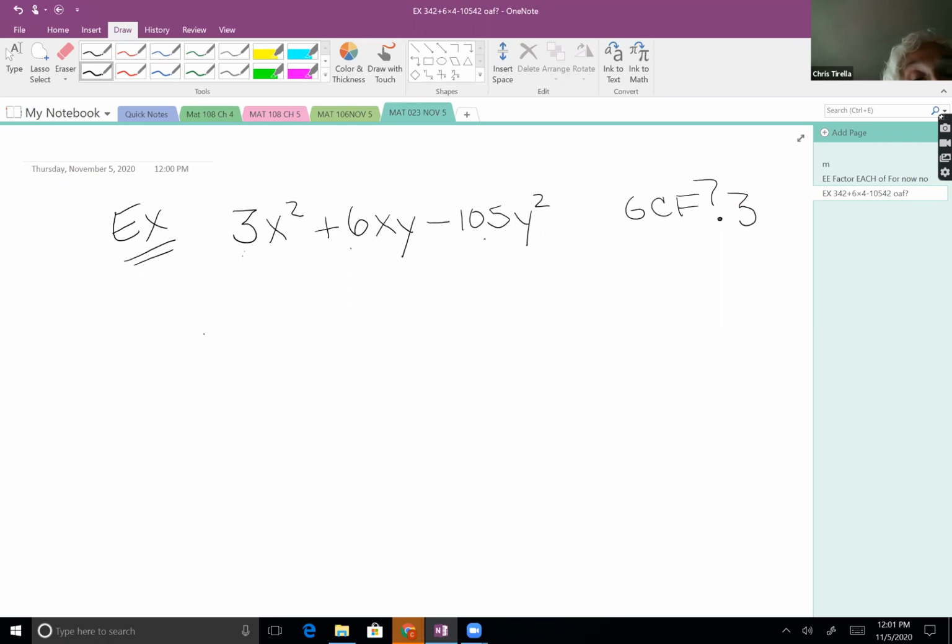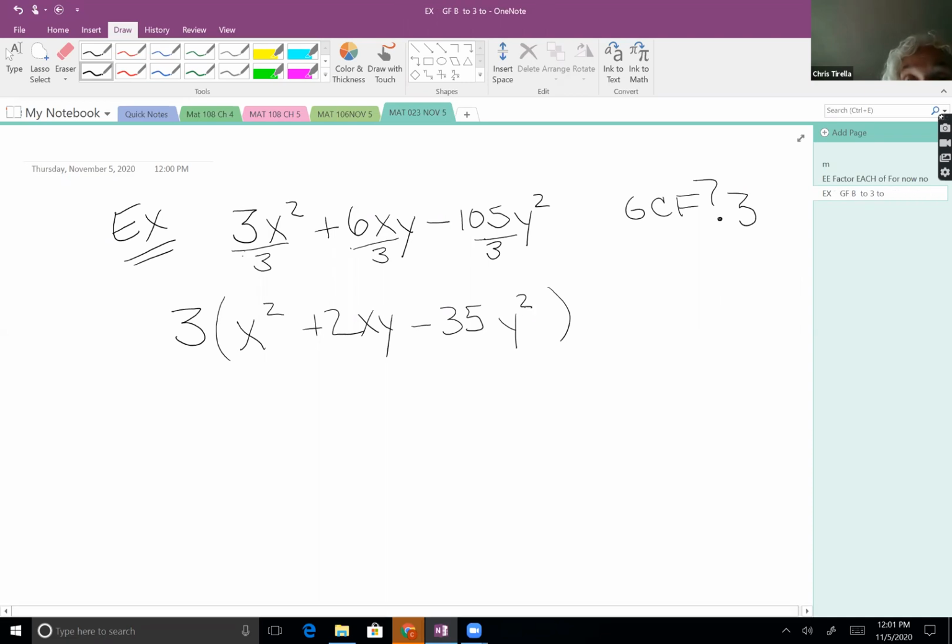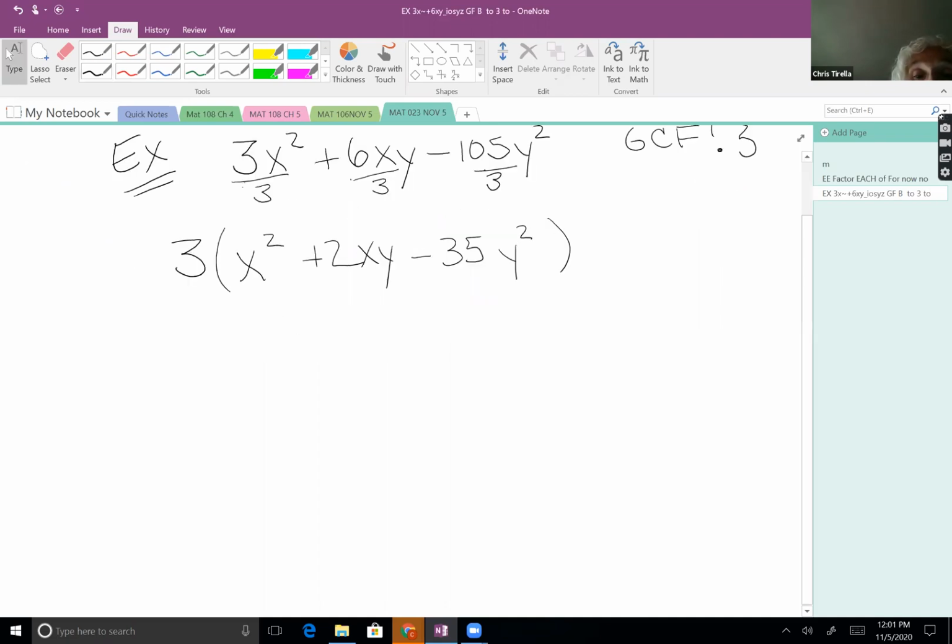And so before I begin, I'm going to take out that factor of 3. And to find what trinomial I'm left with, I'm going to divide them all by 3 and get x squared plus 2xy minus 35y squared. Now my x squared, only choices are x times x.